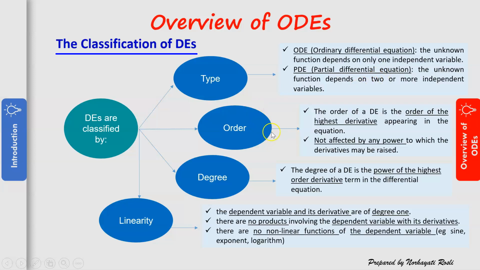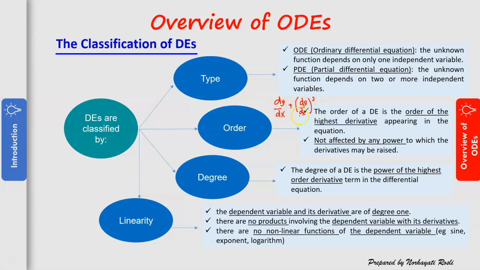And based on the order, the order of the differential equation is the order of the highest derivative appearing in the equation, not affected by any power to which the derivative may be raised. So here, for example, we have dy/dx plus (dy/dx) to the power 2.